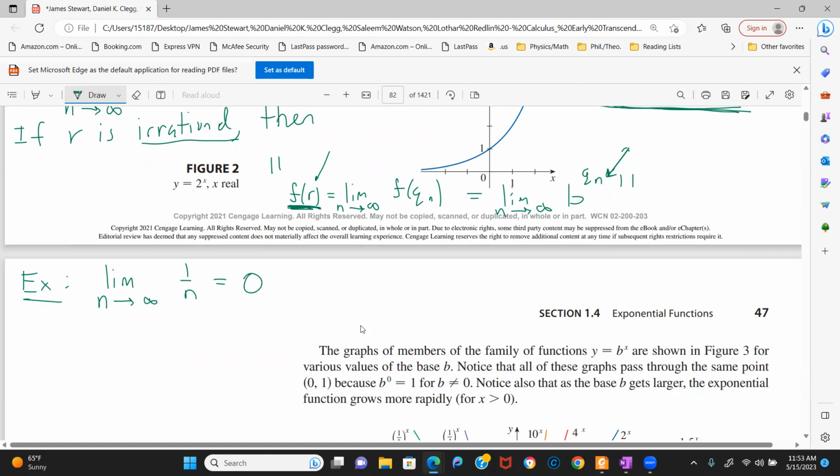And why is that? Well, let's look at this sequence, 1 over n. So you have n equal to 1, n equal to 2, n equal to 3, etc. When n is equal to 1, you have 1. When n is equal to 2, you have 1 over 2. Let me add some more.